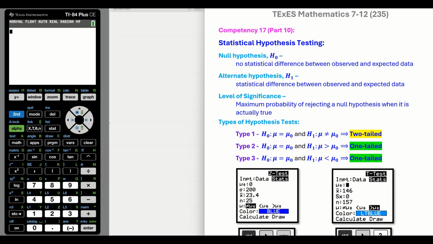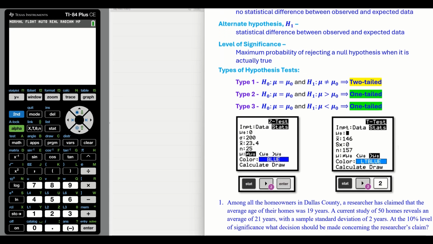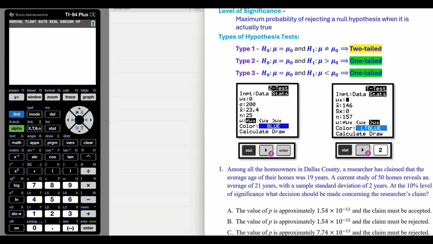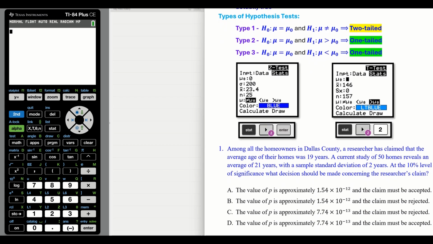Okay, then your level of significance, that is your percentage they give you in the problem. It's so you know how to measure if you are to reject or accept. We'll talk more about that as we go along. Then we want to talk about what we're really going to be doing on the TI-84.